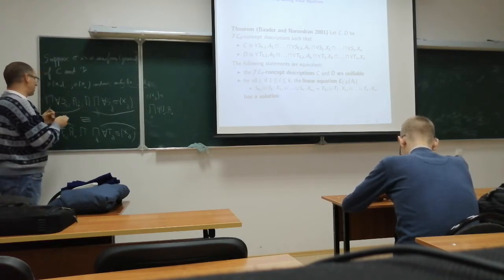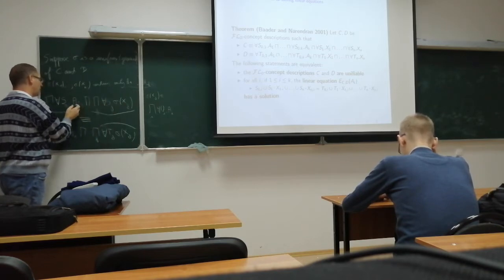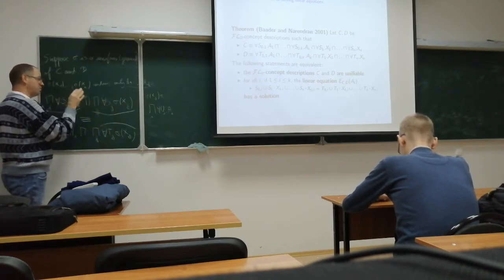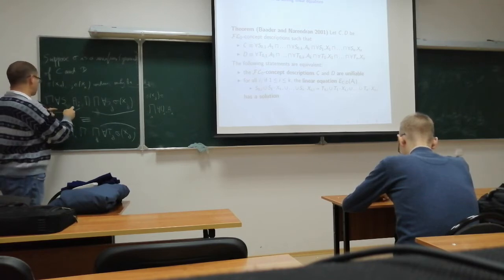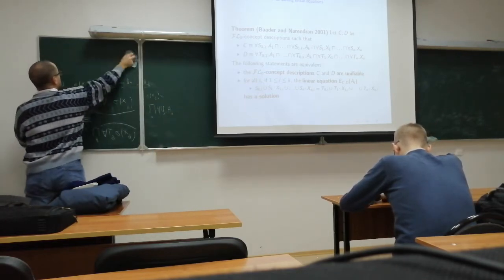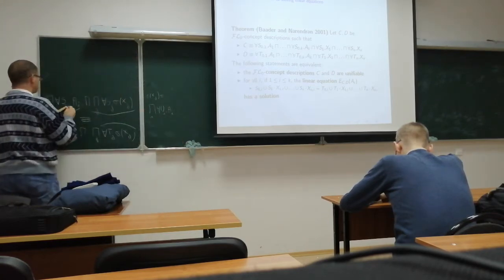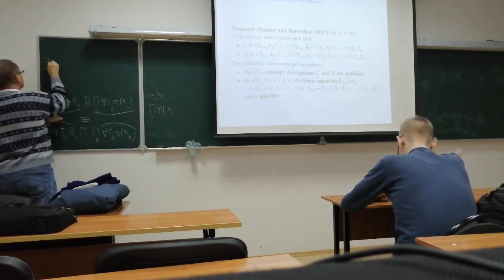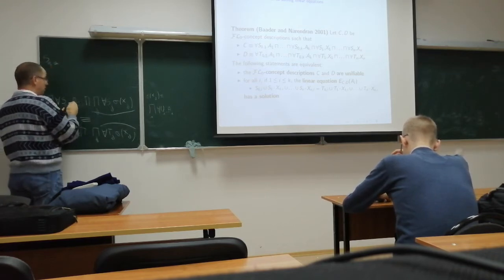And so by isolating, you keep in this long conjunction just that part corresponding to A1 and eliminate all of them. So here you will have the set S01 corresponding to A1 here.